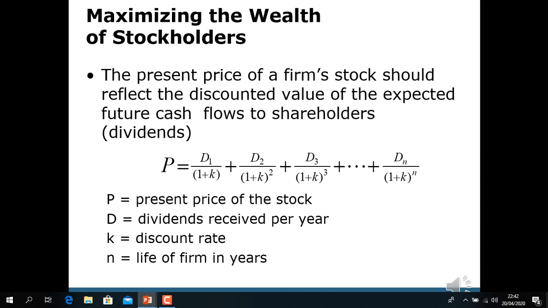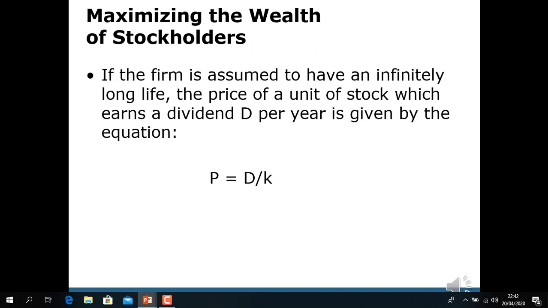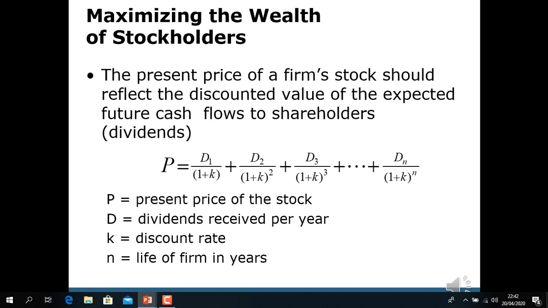So the equation of the present price of the stock is P equals D1 divided by 1 plus K, until Dn divided by 1 plus K to the power of N periods.